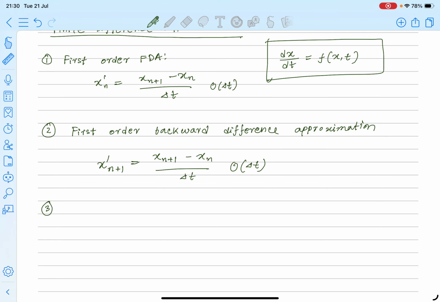And the third one is the second order centered difference approximation.